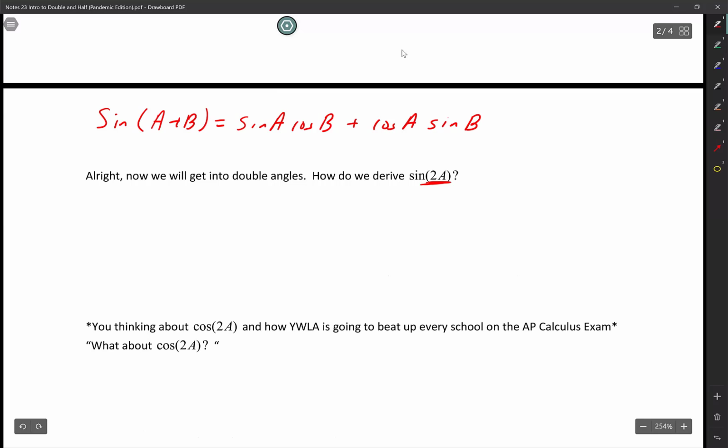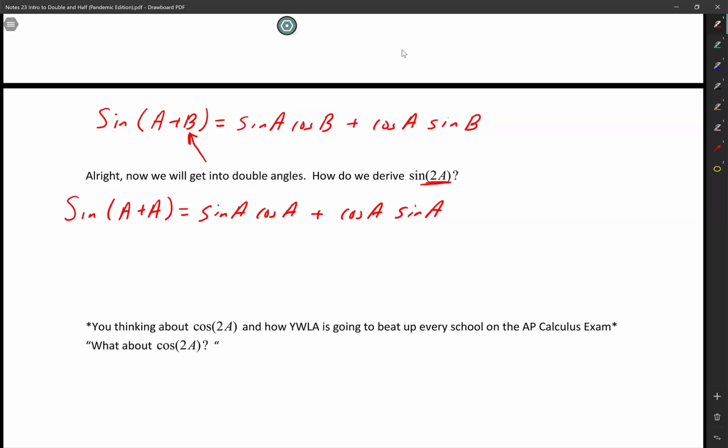So here's the cheat. I'm going to turn that b into an a. So sine a plus a. Do you guys agree sine a plus a is 2a? Yeah. So here's my cheat. Everywhere there's a b, I just put an a. Sine a cosine a plus cosine a sine a.